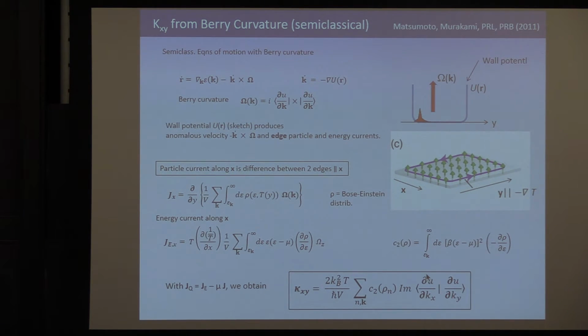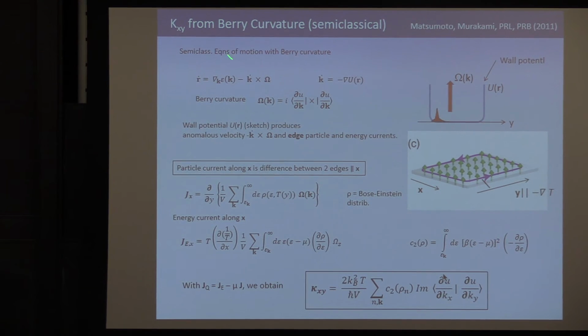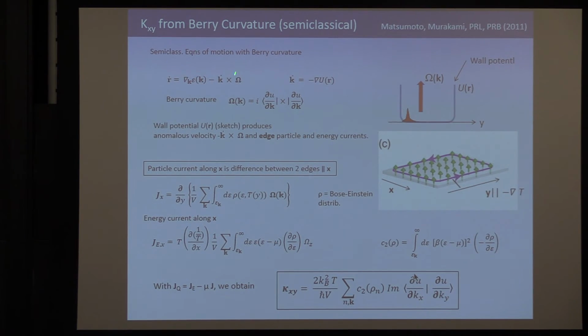Question. The force equation, R dot is equal to this equation? Yes. Looks like the Berry curvature term only acts at the edge of the physical space. No, here there's no boundary condition yet. This is for everywhere. But the wall potential is presumably... For this problem, yeah, on the wall. That's right.